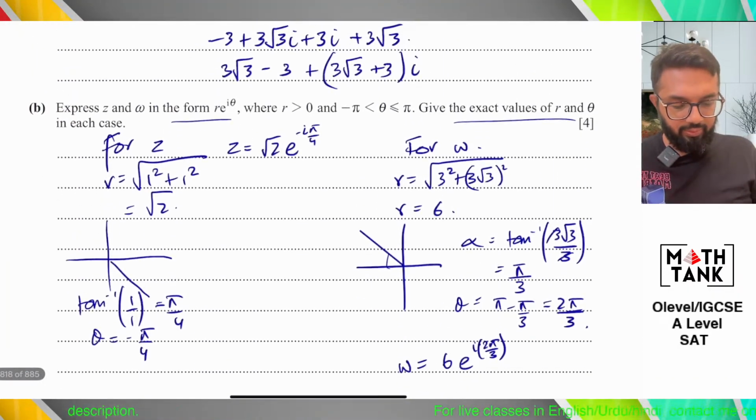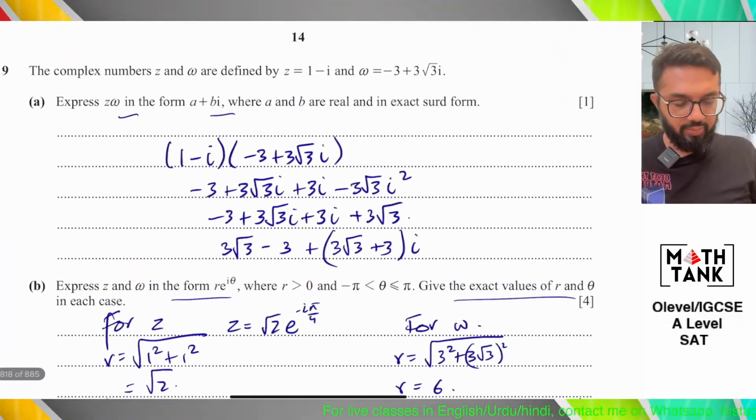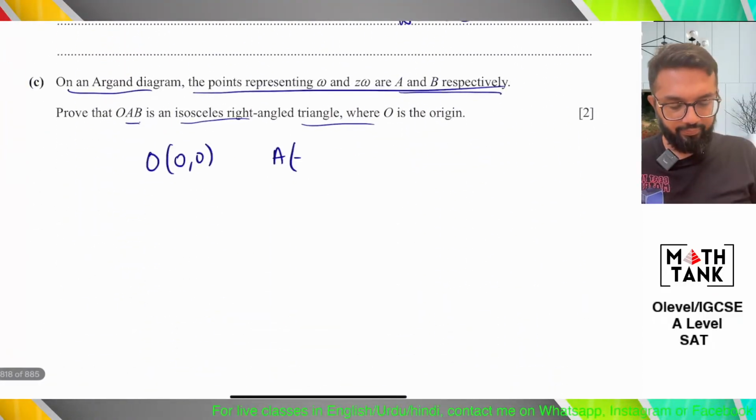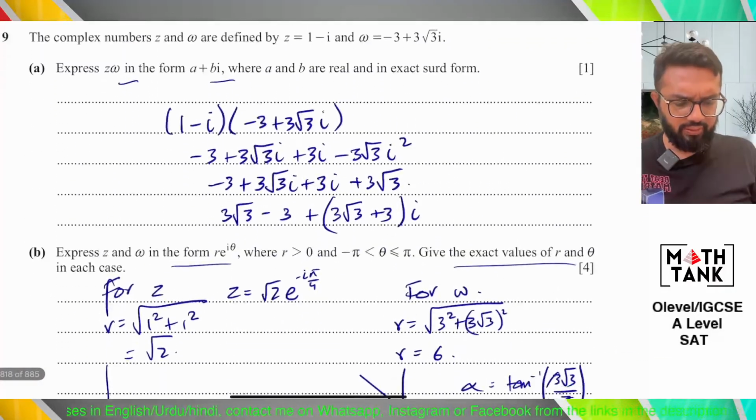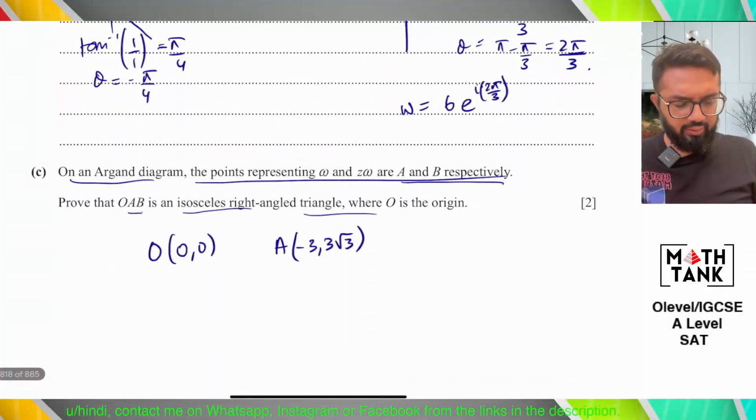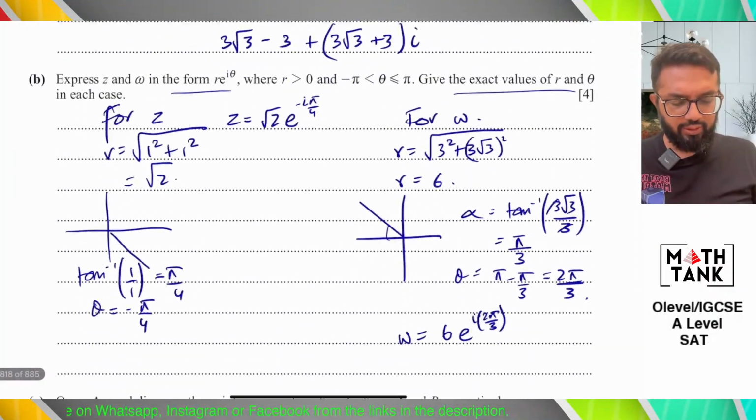So W, the coordinates are minus 3 comma 3 root 3. I'm going to use basic distance formulas and calculations to prove that this is isosceles.